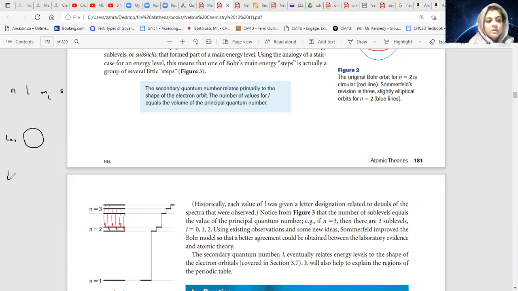It could be l = 2, which is more complicated.